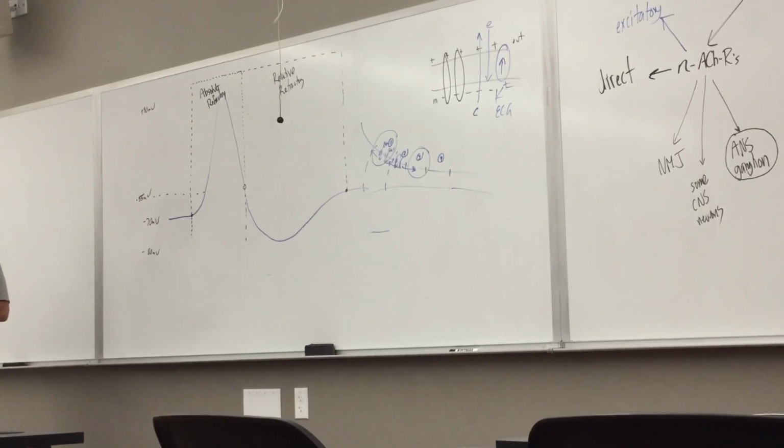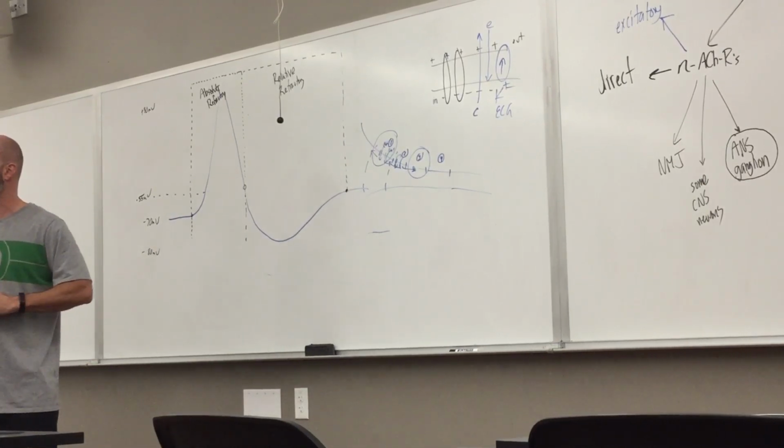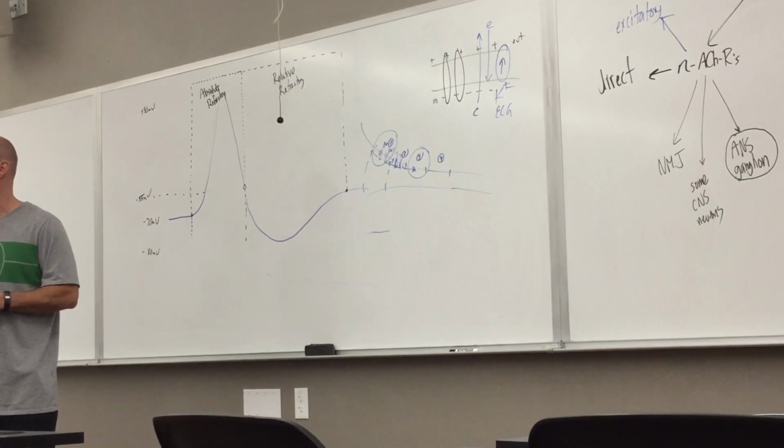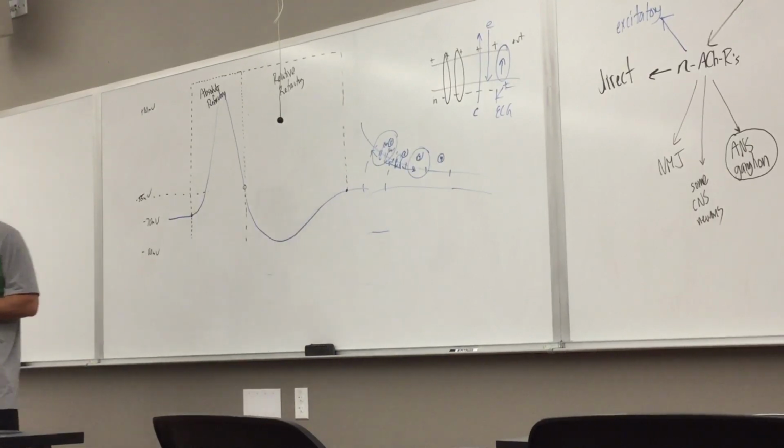Activation is closed, inactivation is open. I can say it again. Okay, so closed and ready to be opened, reset, means activation is closed, inactivation is open. Closed and not capable of being opened: inactivation is closed, activation gate is open.